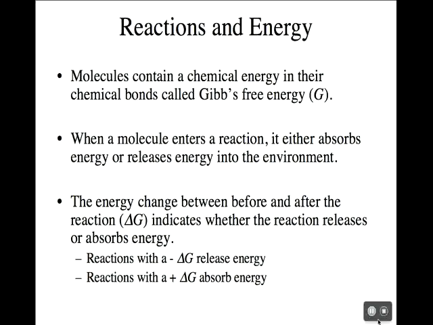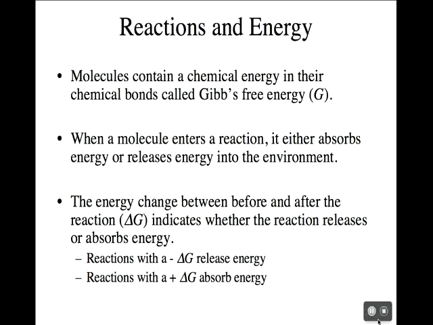So the energy change between before and after the reaction is called delta G. The Greek letter delta, looks like a triangle there. The Greek letter delta always means change in science. So when you see delta G, you know we're talking about the change in Gibbs free energy.